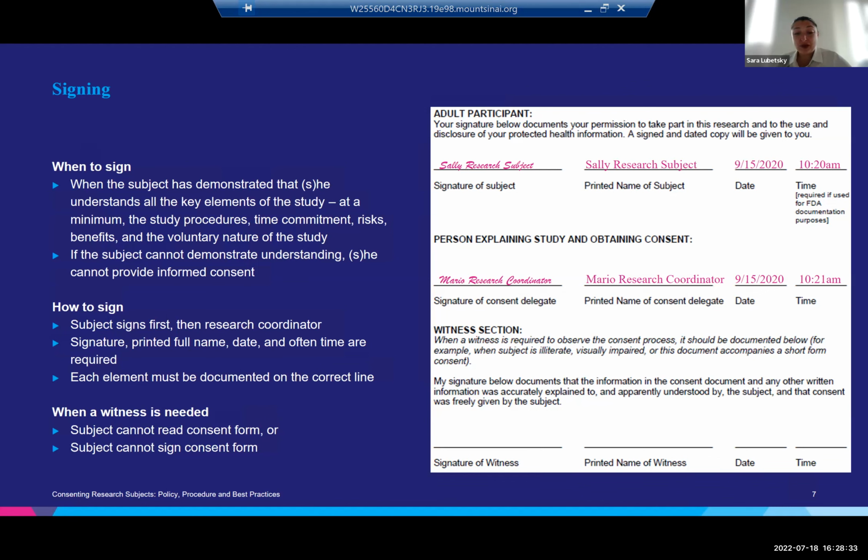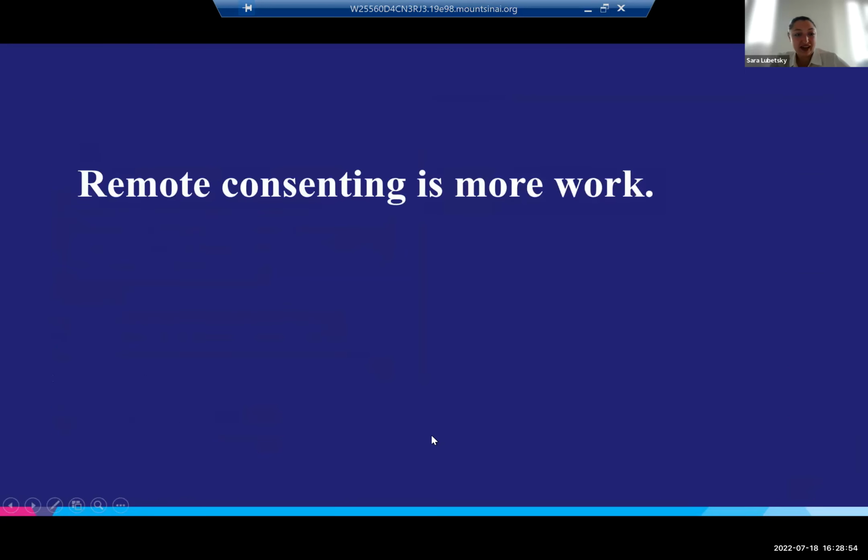We also use the witness section in remote consents when the subject isn't going to physically sign the consent form, and we have to have a witness participate in the consent so that everyone can feel comfortable that a verbal consent was an informed consent.